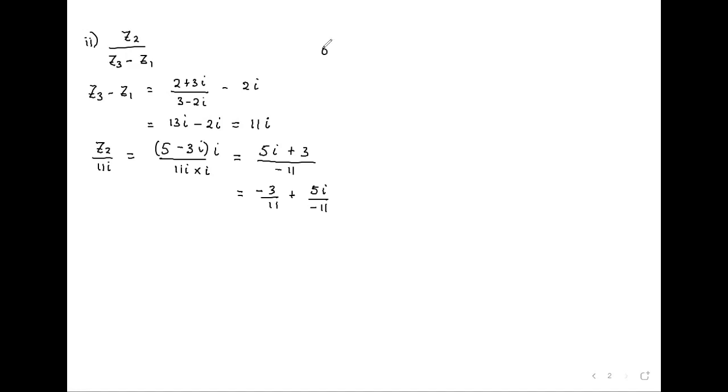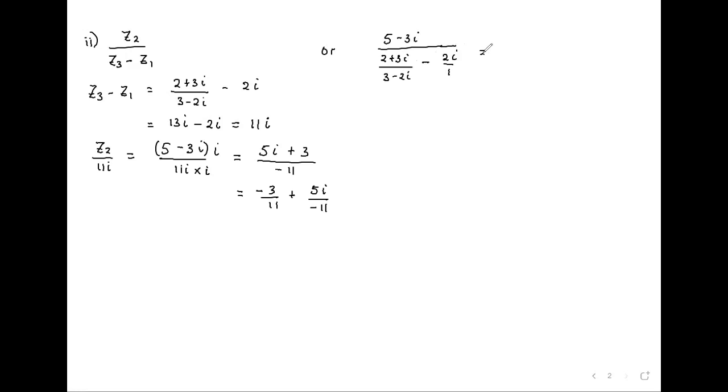Or let's see the other way, you pick them the way they are. Say Z2, that is 5 minus 3i over Z3, as Z3 is 2 plus 3i over 3 minus 2i minus Z1, Z1 is 2i. So we put 1 here.